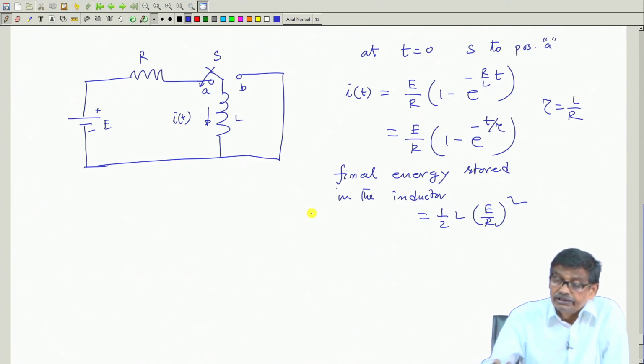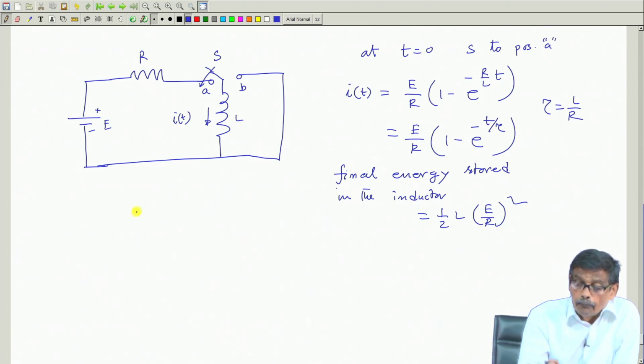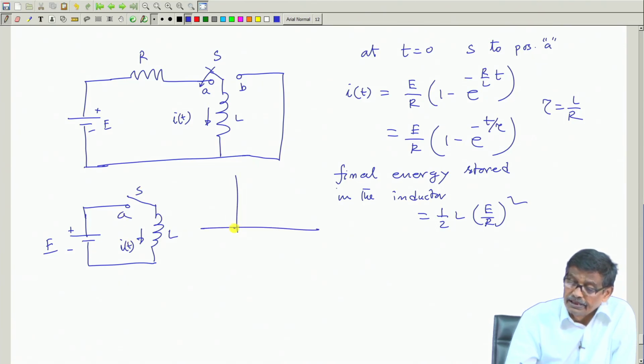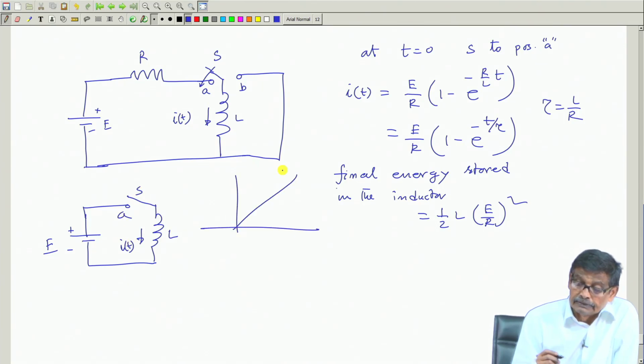Now, one good thing of this circuit compared to charging an inductor like that, I want to make several points. When I was charging an inductor just connecting with a battery, the response of the current when S is connected to A was just growing like this.